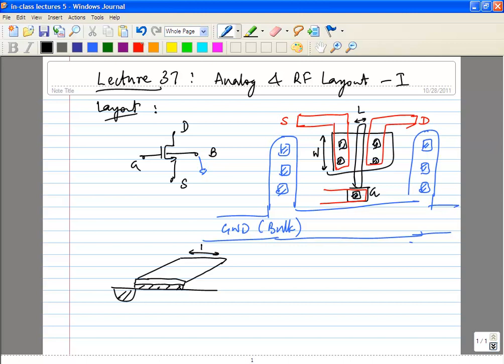So again, this is your length, that's your gate. Okay. So let's say one of these is your drain, other is your source, and you have your bulk here. Okay. So your drain and source go like that, and this is where these contacts go in here.